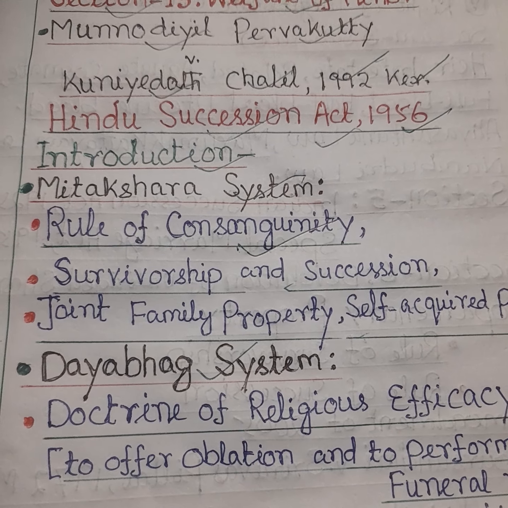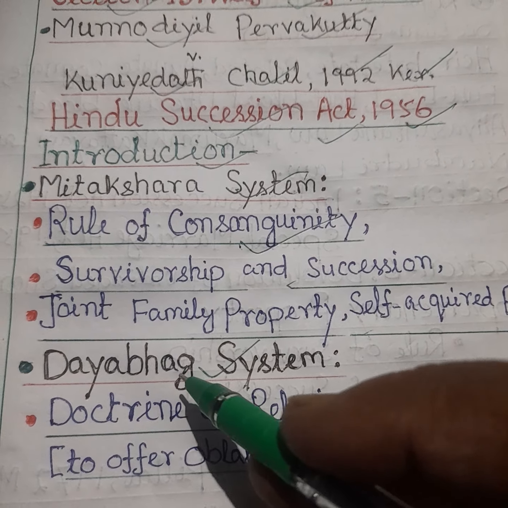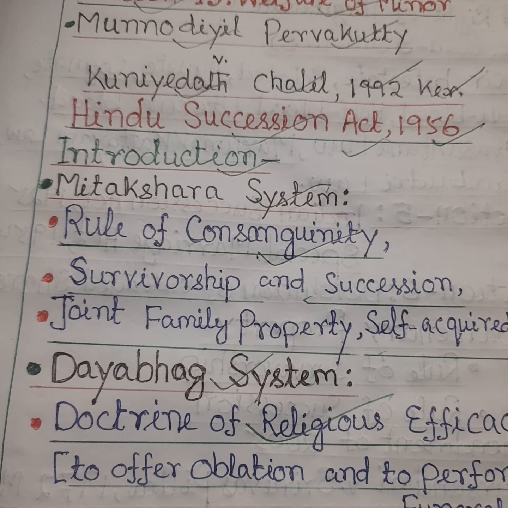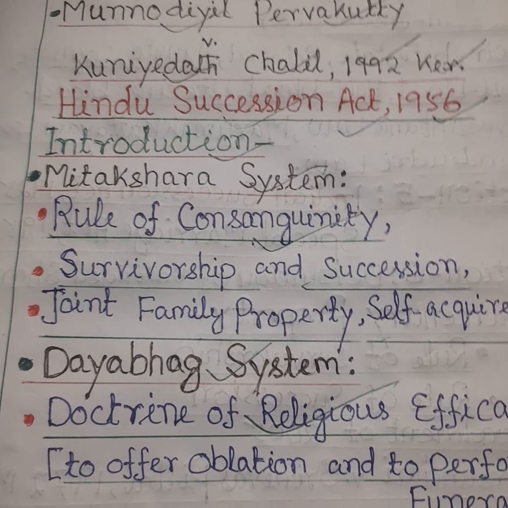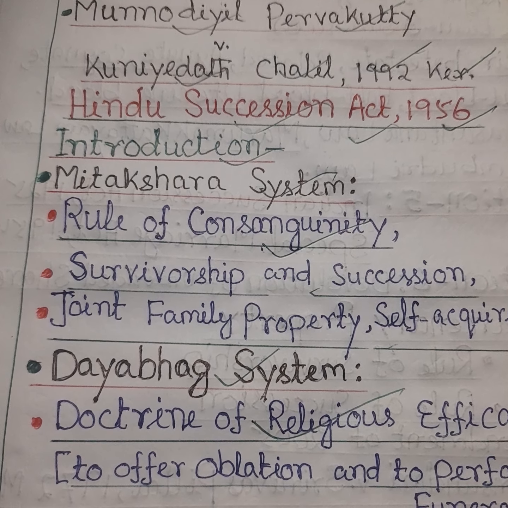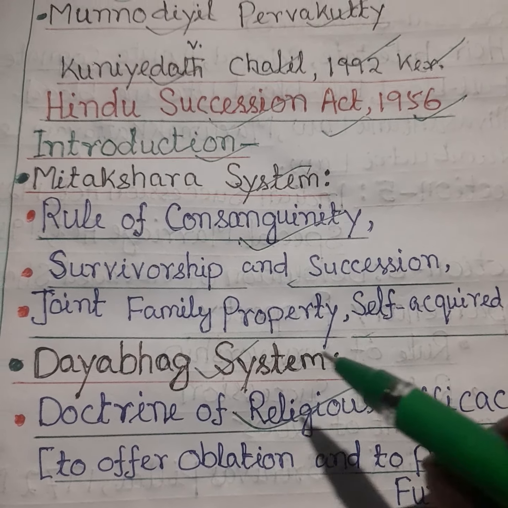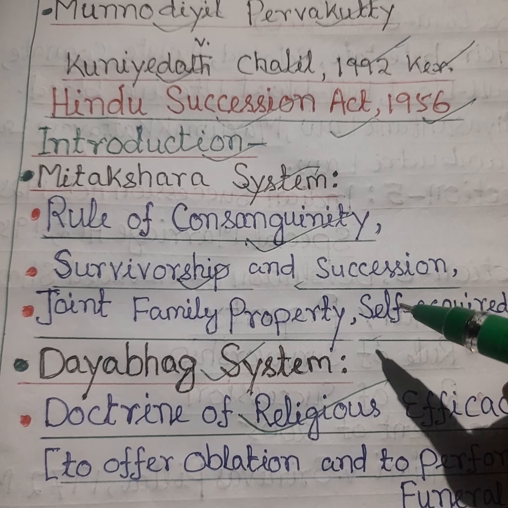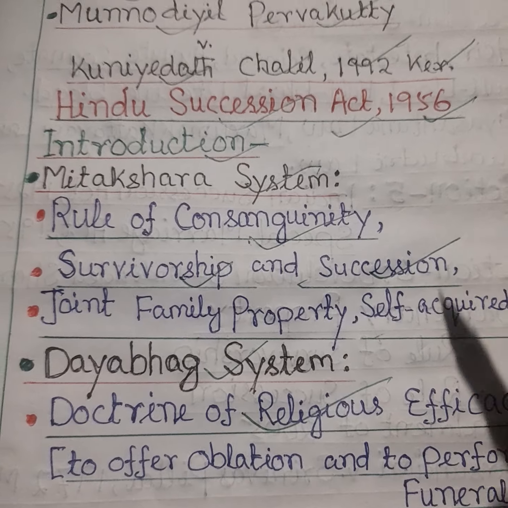In the Dayabhaga system, it is the doctrine of religious efficacy. The Mitakshara system recognizes the devolution of property by survivorship and by succession.